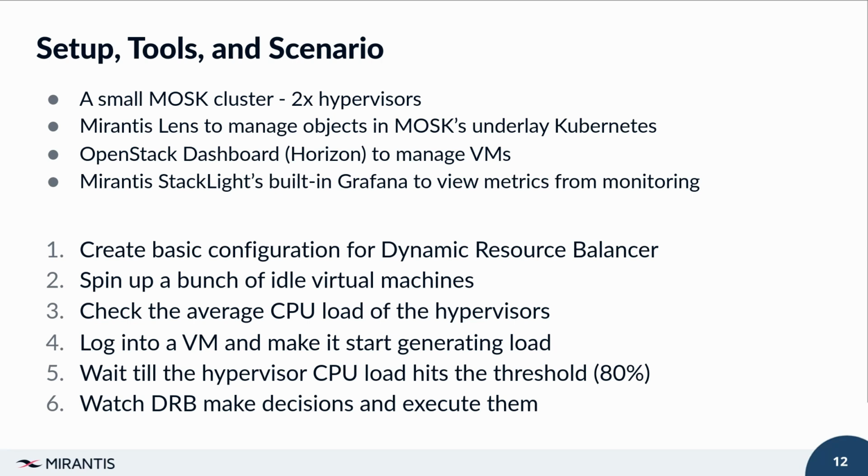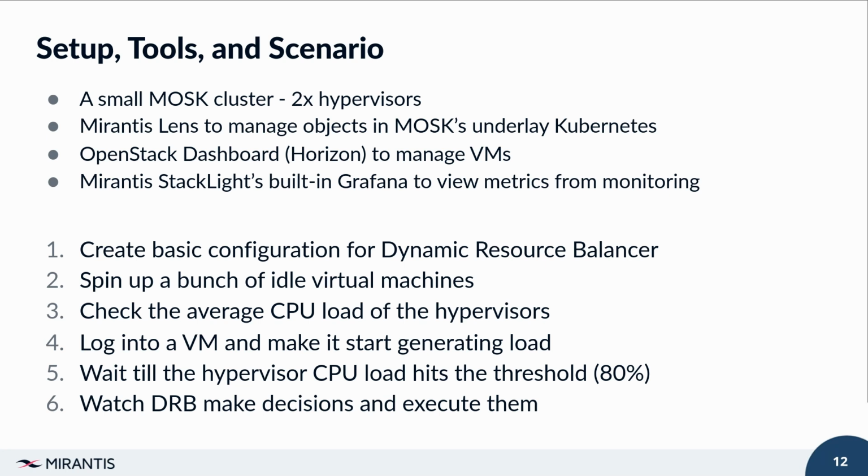And then we'll trigger one of the VMs to start generating load on the cluster. After some time, the load will hit the threshold on one of the hypervisors, like 80%. From that point, we'll watch DRB start making decisions and executing them, balancing the cluster and bringing it back to balance.